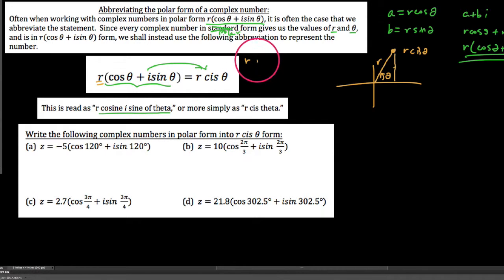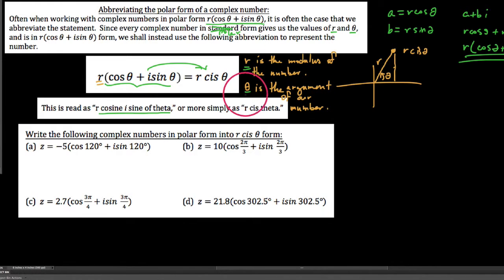We're going to say r is the modulus of our number, and theta is the argument of our number.